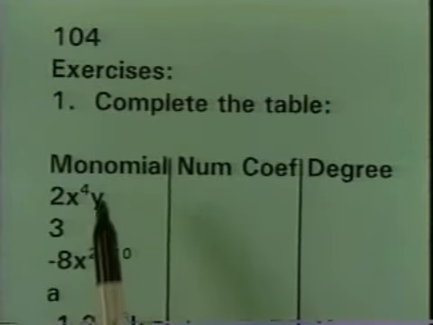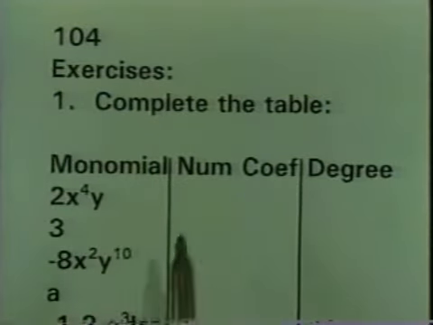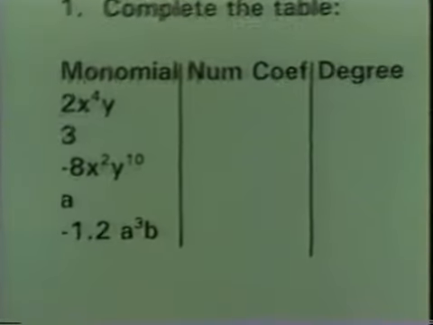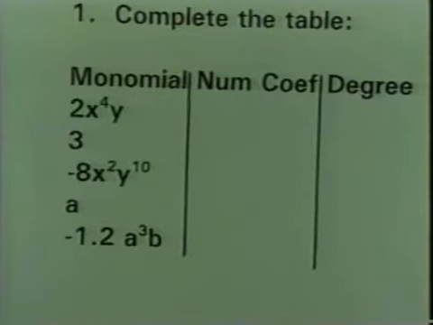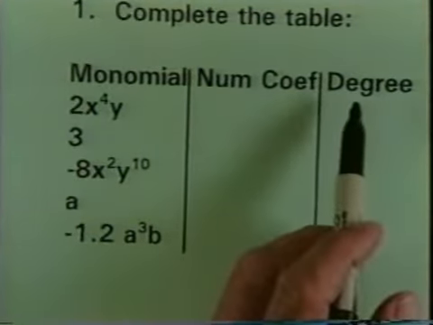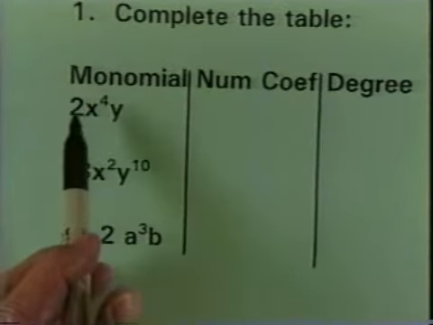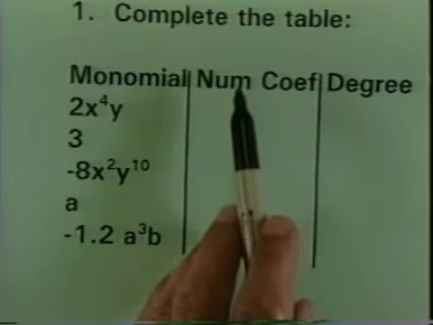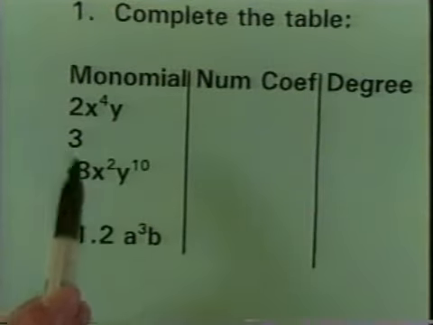Complete the table. We've got the monomial, the numerical coefficient, and the degree. So I want you to give me the numerical coefficient and the degree of 2x to the 4th y. I want the numerical coefficient and the degree of 3.